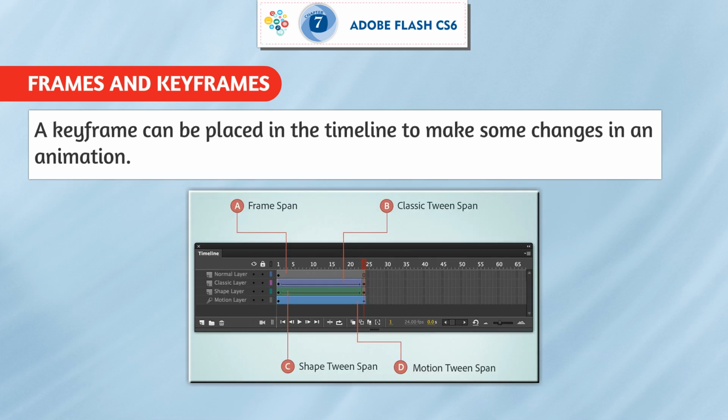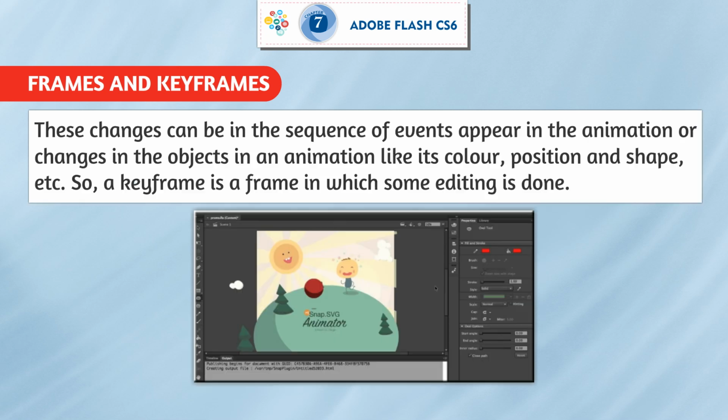A keyframe can be placed in the timeline to make some changes in animation. These changes can be in the sequence of events appear in the animation or changes in the objects in animation. So, a keyframe is a frame in which some editing is done.